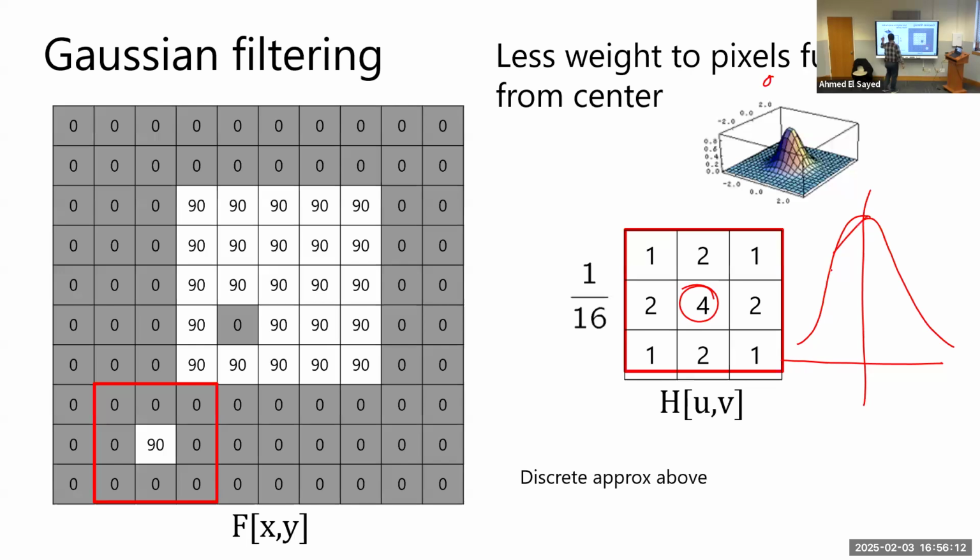What is the area under the curve for the bell shape? If you integrate this, what is the equation for this one first?